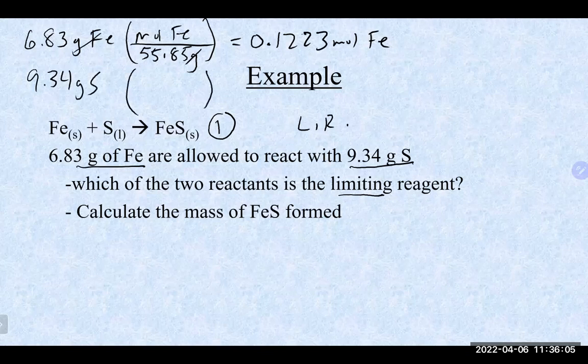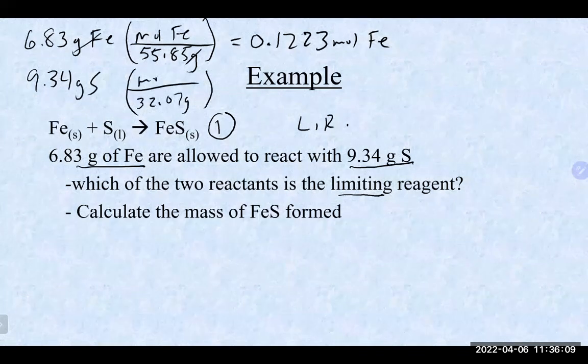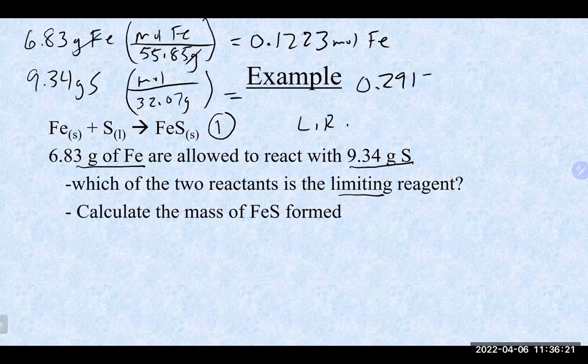Getting the molar mass from the periodic table, 32.07 grams per mole, gives us 0.2912 moles of sulfur. Again, it's important to remember these are your starting amounts of each of these.